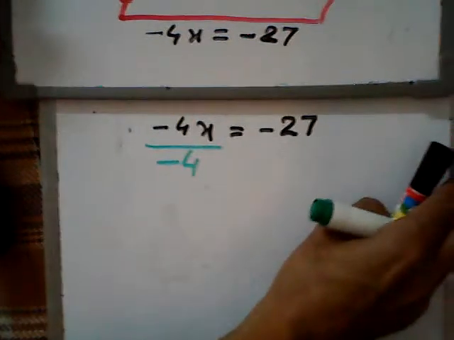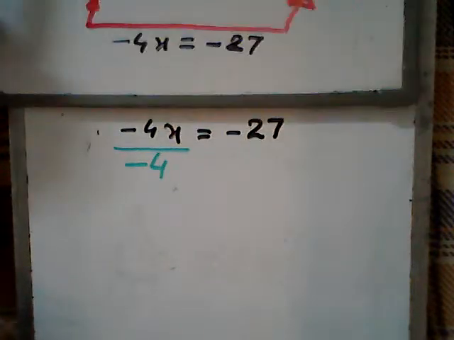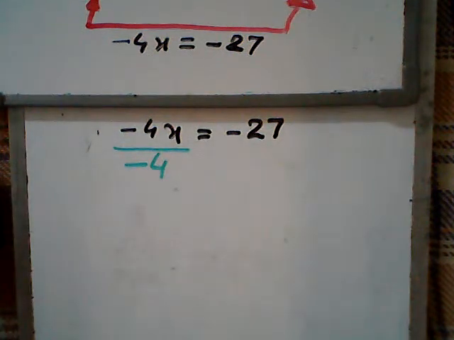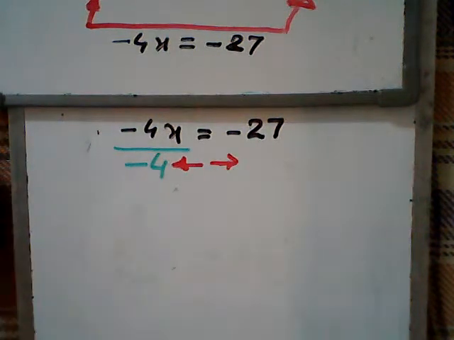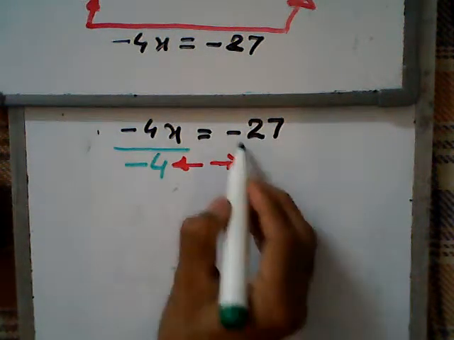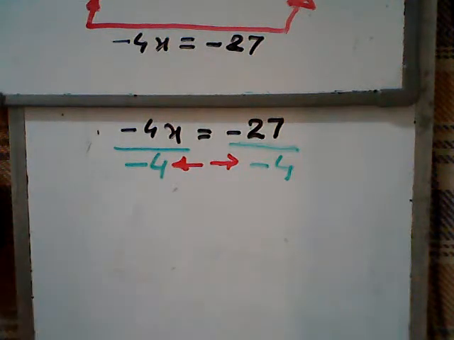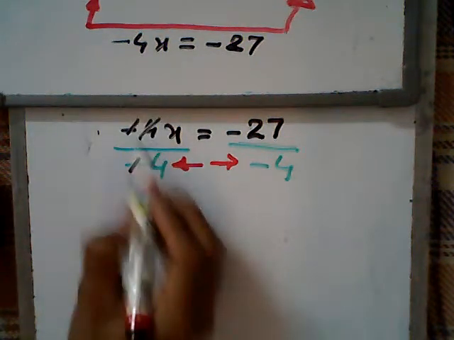So that's why we are doing this, to keep the balance. So we'll be doing the same thing on the other side, dividing by minus 4. So now you can see that the minus cancels and the 4 cancels.